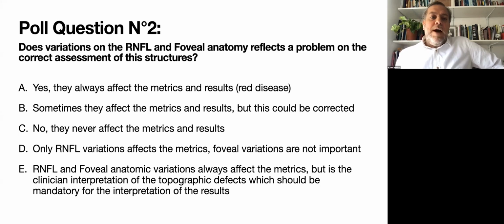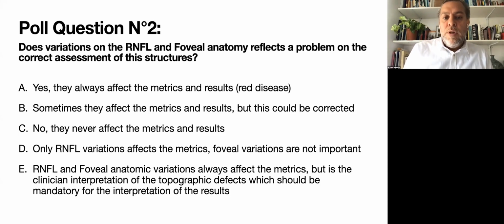Those variations in the RNFL and foveal anatomy reflect a problem in the correct assessment of these structures? A, yes, they always affect the metrics and results, so-called red disease or green disease. B, sometimes they affect the metrics and the results, but this could be corrected.